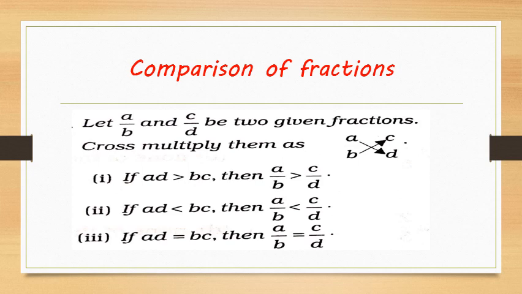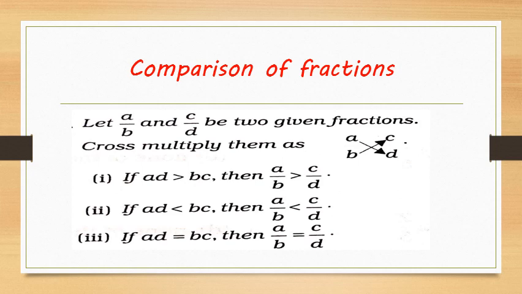Now comparison of fractions. We can compare fractions in two ways. One is the cross multiplication method, another is by taking the LCM and converting them into like fractions. The cross multiplication method is applicable only for comparing two fractions. Suppose that A by B and C by D are two given fractions.